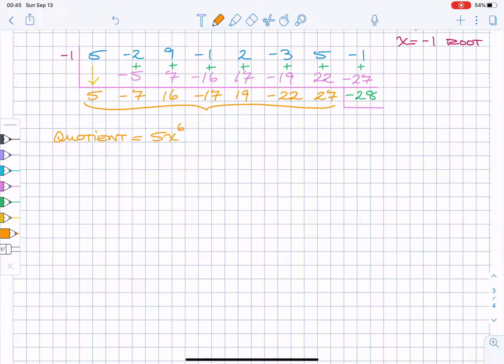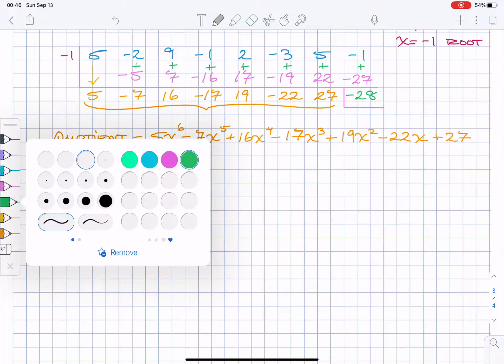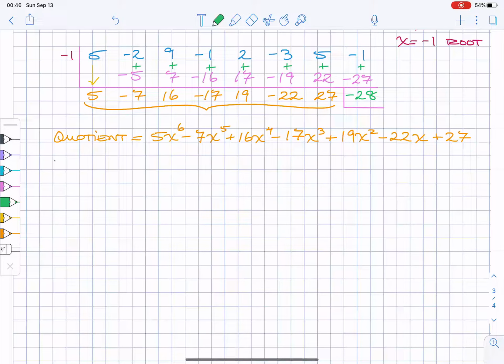So 5x to the 6th, then negative 7x to the 5th, then plus 16x to the 4th, then minus 17x cubed, then plus 19x squared. These are terrible, I can't even write. Then minus 22x to the first power and plus 27. Whereas my remainder is going to be negative 28.